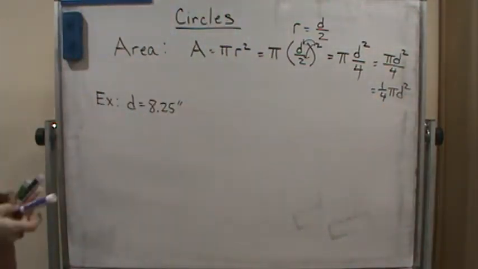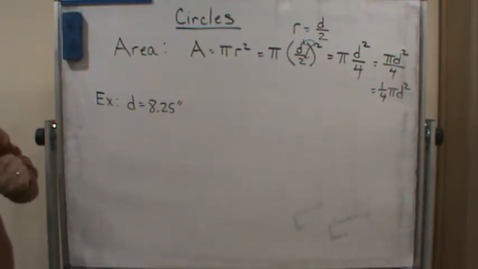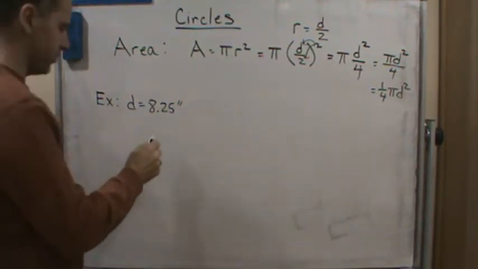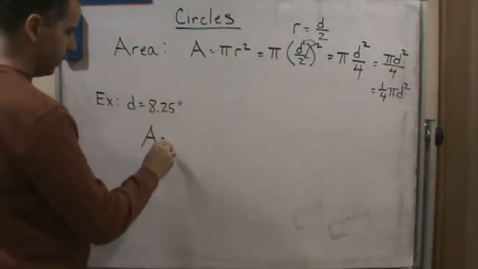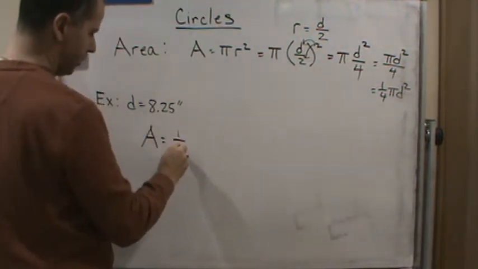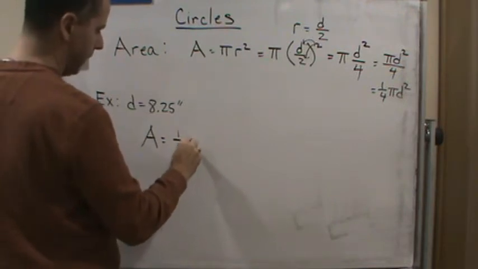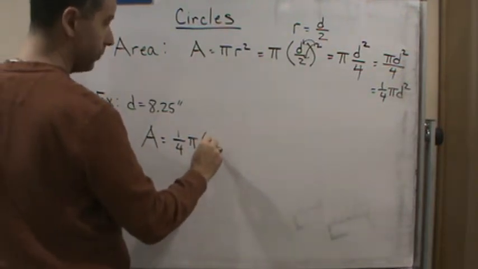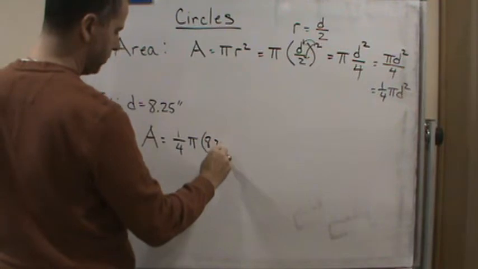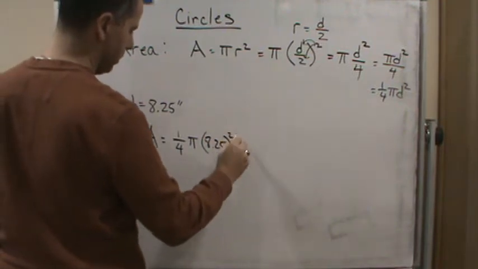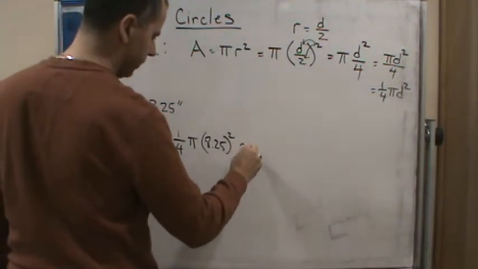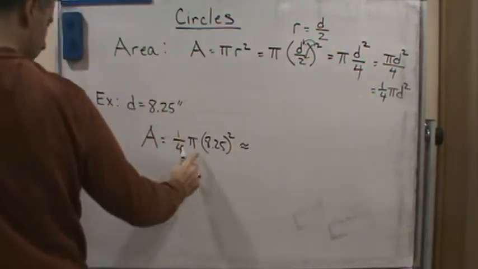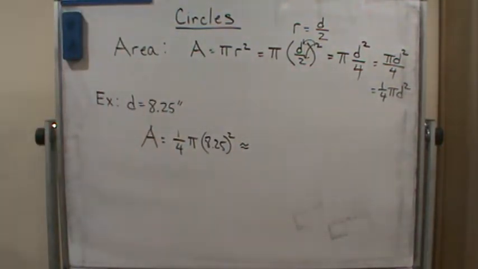For example, in this case here, we are given the diameter of 8.25 inches. And so if I wanted to find the area of the circle with that diameter, then I would just use that one. So it's 1/4 pi times 8.25 squared. Okay, and then I could just put this in my calculator and plug and chug, right? So what do I get?